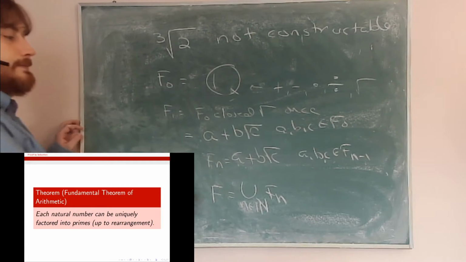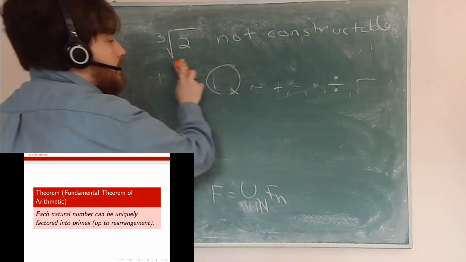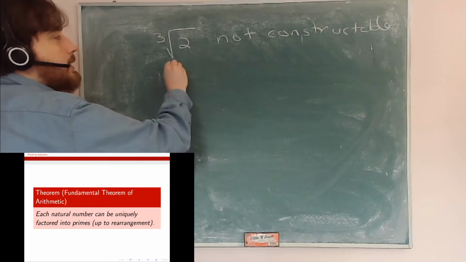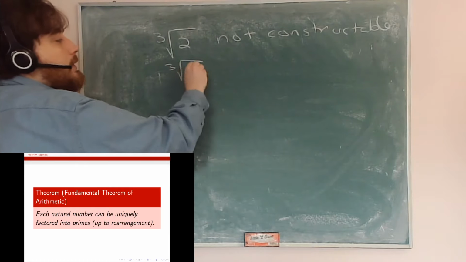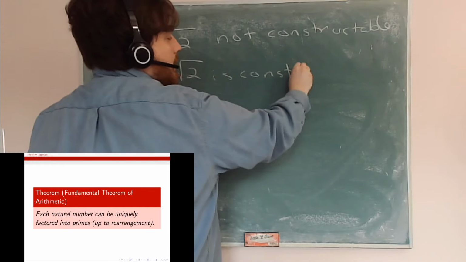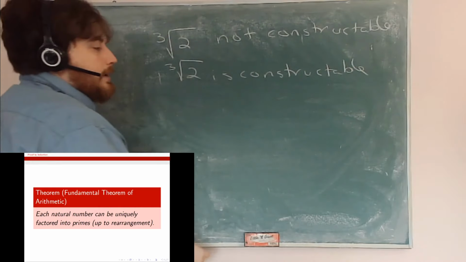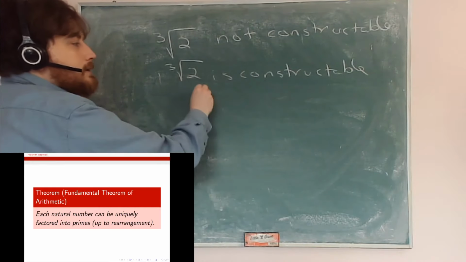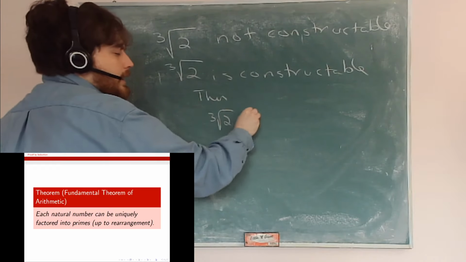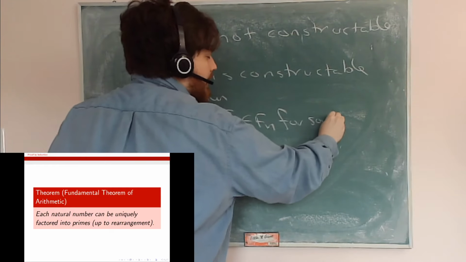All right. Hence, I said I was going to proceed by contradiction. So I'm going to assume that the cube root of 2 is constructible. Since my constructible numbers were all of the F sub n's for n in the natural numbers, that means the cube root of 2 has to be in F sub n for some n.